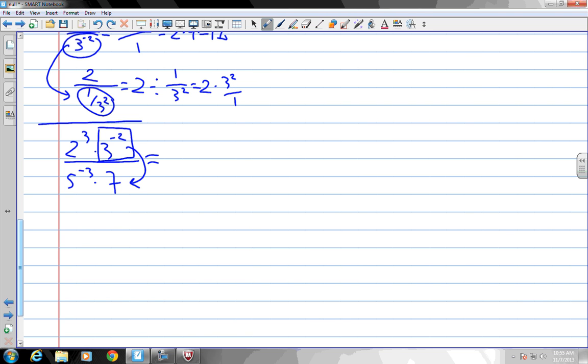So negative in a numerator will become positive in the denominator. And at the same time, 5 to the negative third power, that's a negative in the denominator, I can move it up into the numerator, make it positive. While 7 is 7, doesn't go anywhere. So this thing is the same as 2 cubed times 5 cubed over 3 squared times 7. Whatever that equals.